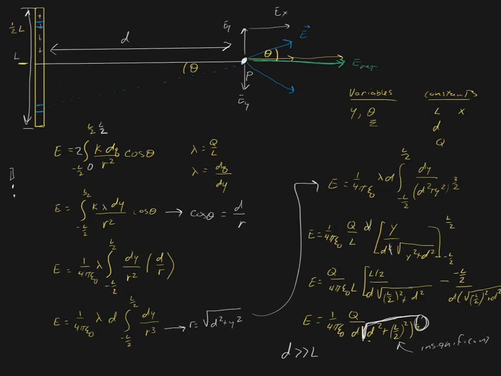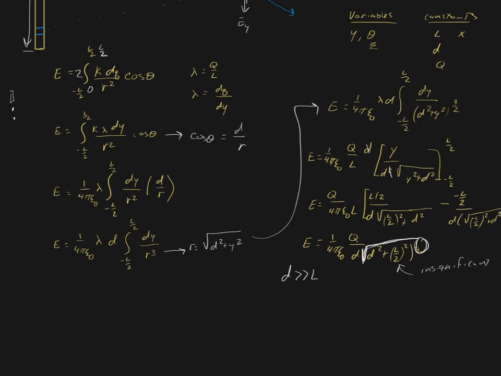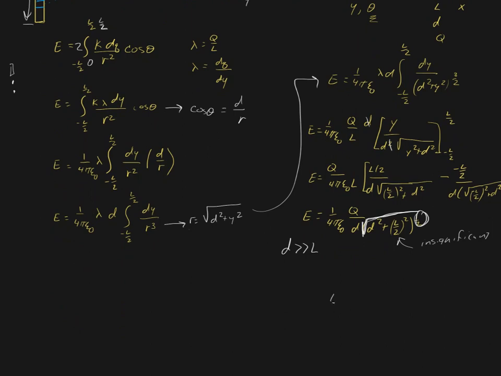As D gets bigger, this term becomes insignificant, making this whole thing reduce down to E is equal to Q over 4 pi epsilon naught times 1 over D times effectively the square root of D squared plus this insignificant term that basically goes to 0 by comparison.